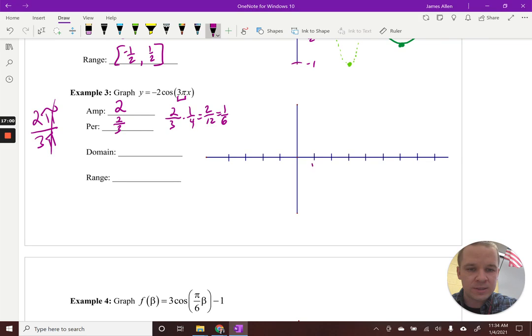So I've got 1/6, 2/6, which is 1/3, 3/6, which is 1/2, 4/6, right, which is 2/3. And there's one full period. So once again, in case you missed that, this was 1/6, this was 2/6, not 2/3. This was 3/6, and this was 4/6 right here.